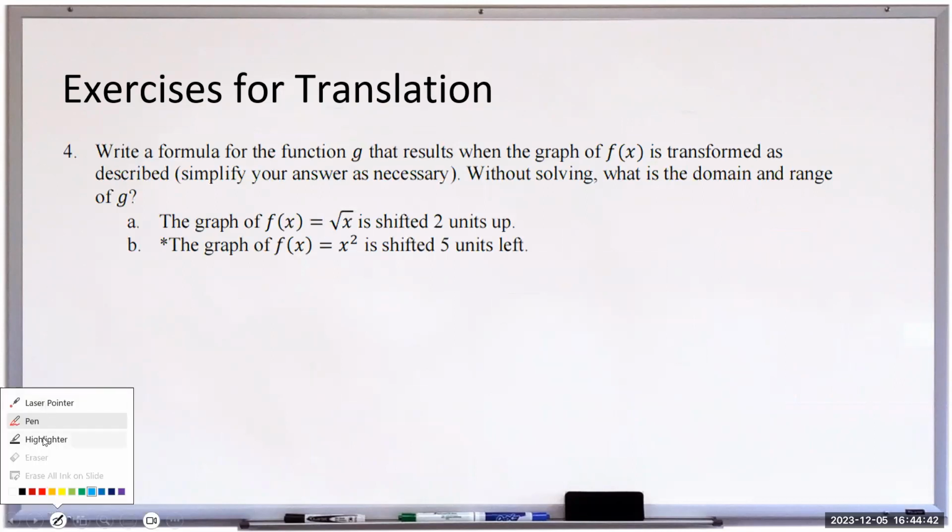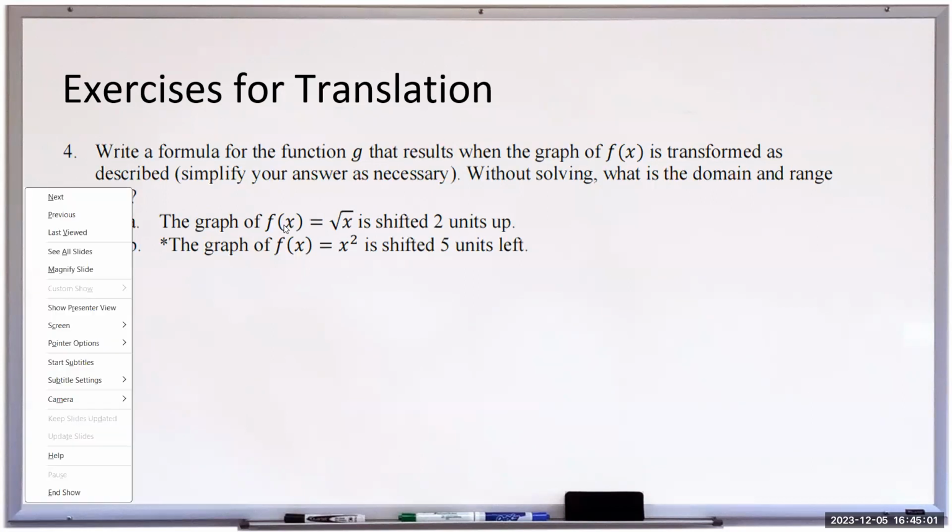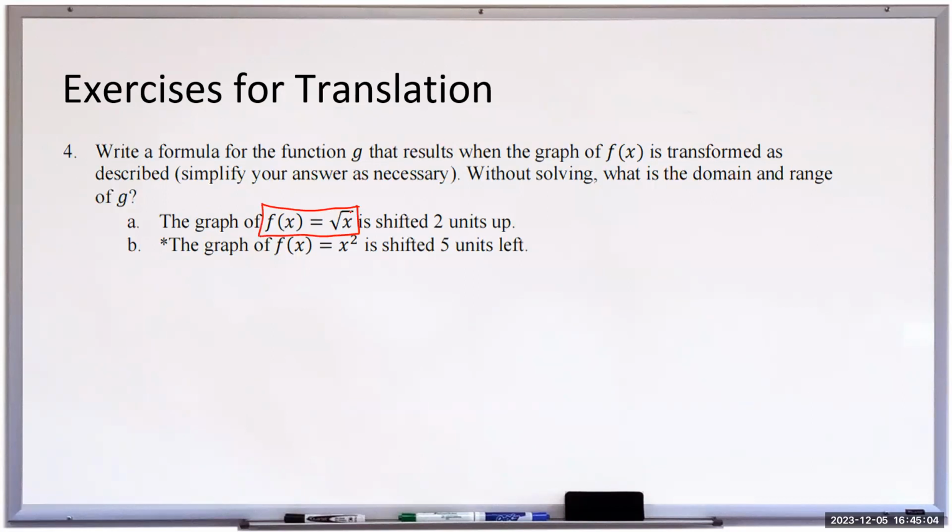For item 4, write a formula for the function g that results when the graph of f of x is transformed as described. Without solving, what is the domain and range of g? Okay, so our parent function for item A is this one, and we are going to shift it 2 units upwards. So for item A, our g of x would be square root of x plus 2.